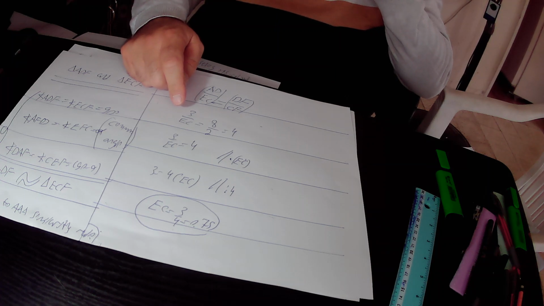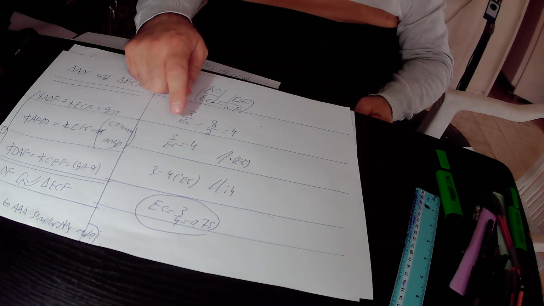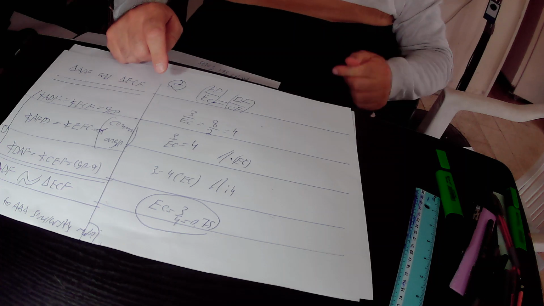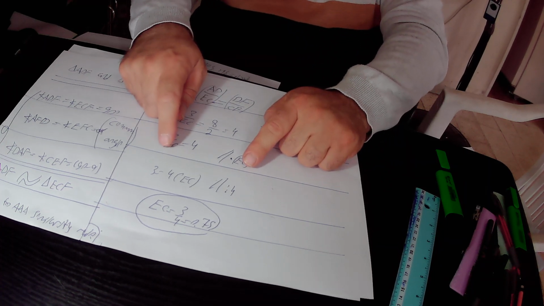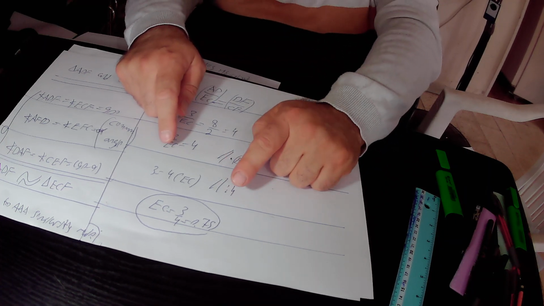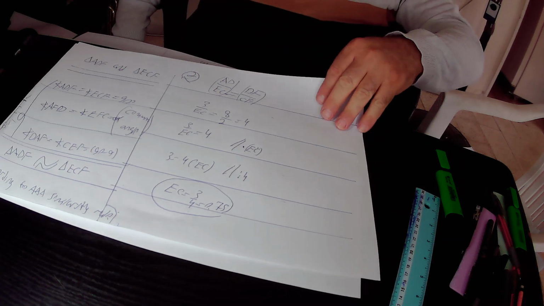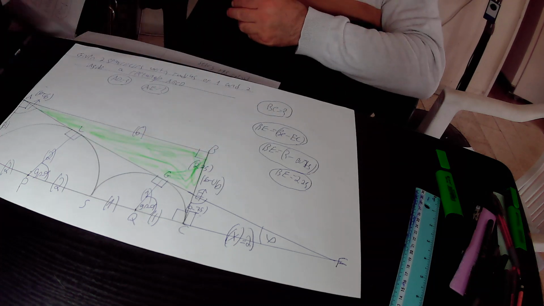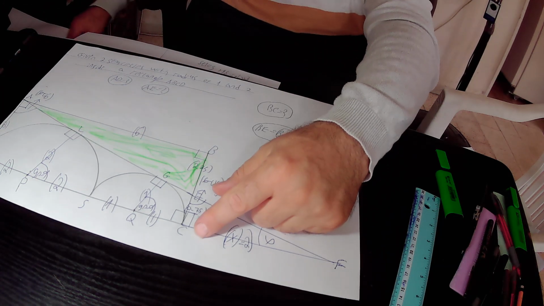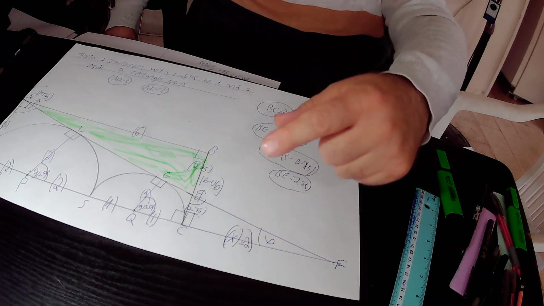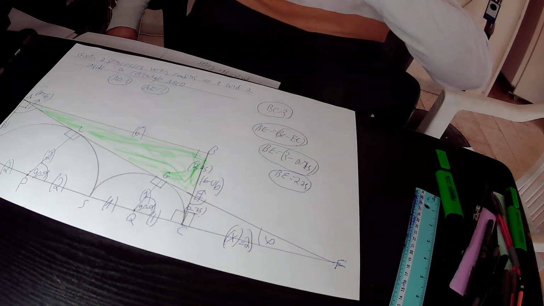Here we multiply this equation by EC and find that 3 equals 4 times EC. Dividing by 4, the missing side EC equals 3/4 or 0.75 units.